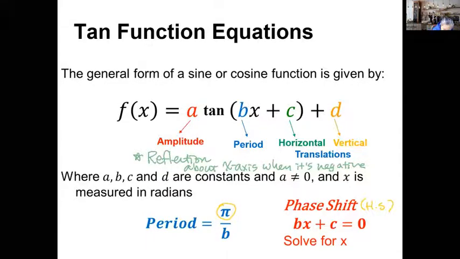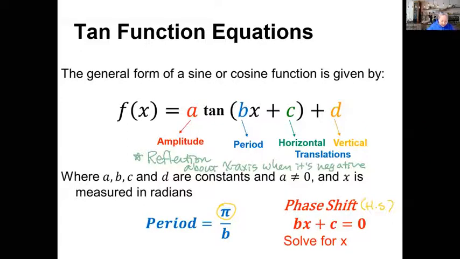Okay, so this slide includes very crucial key features for you to recognize and then apply to your graph, right? So the A value, B value, C value, and D value are very similar. I mean, it's exactly the same way that you can verify all the transformations from the equation there.